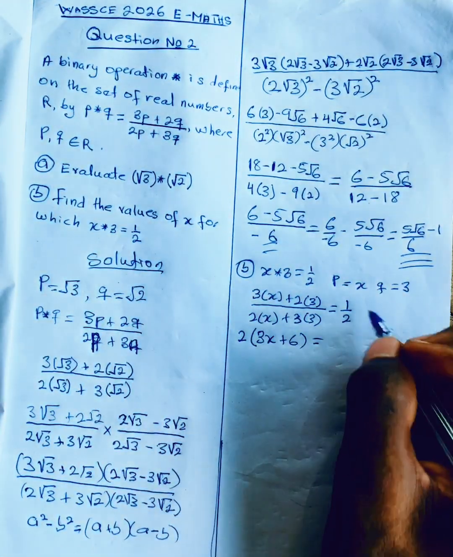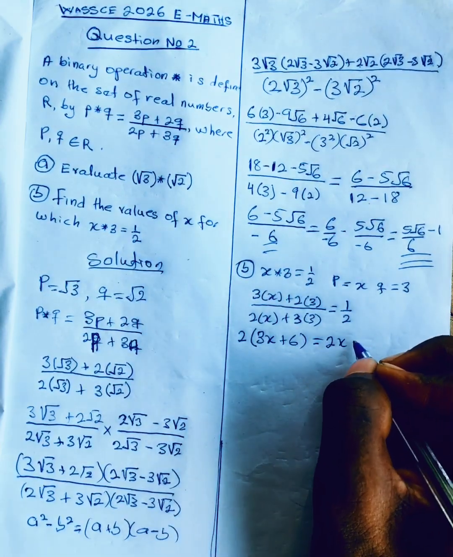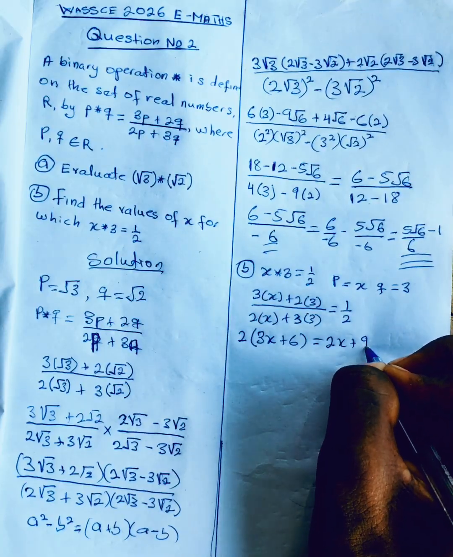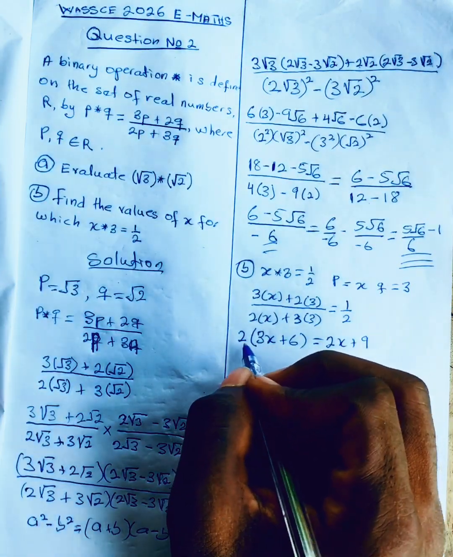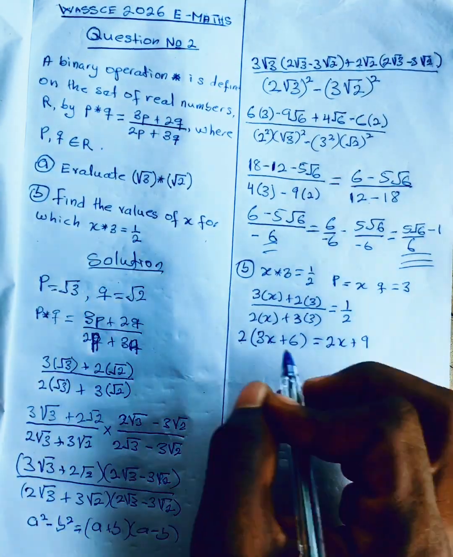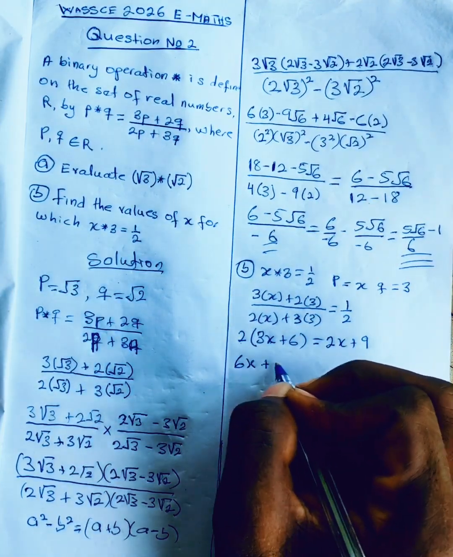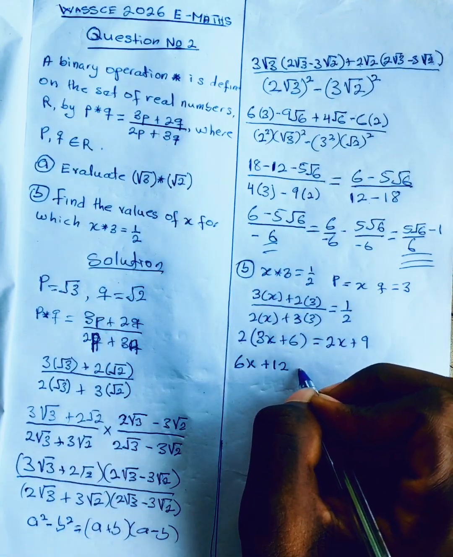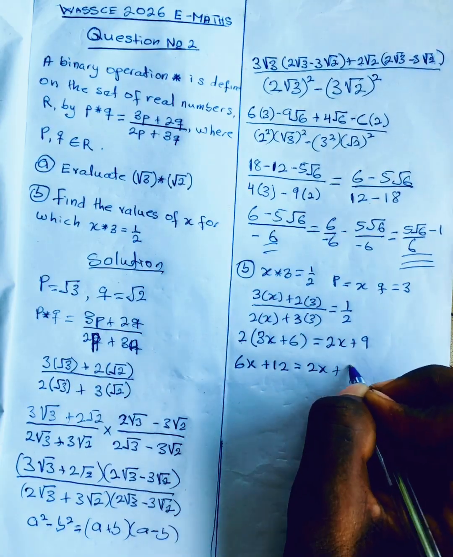So this times 1 will give you the same thing, give you 2S plus what? Plus 9. Is that not it? Now at this point you can expand the bracket. Then you have 6S plus 12. This will be equal to 2S plus what? 9.